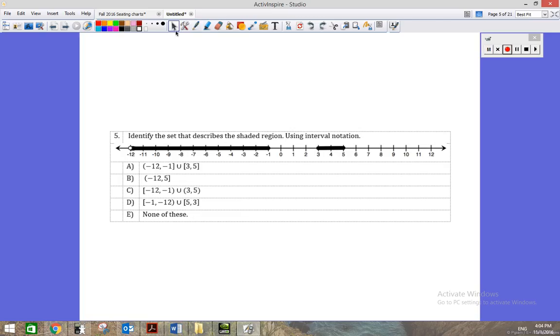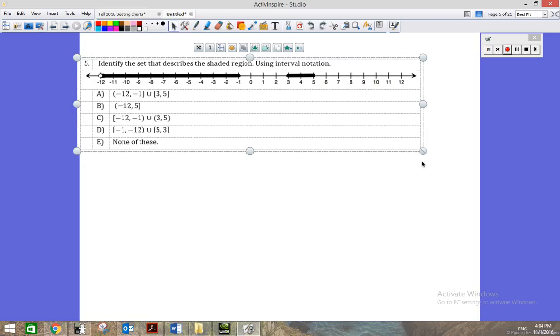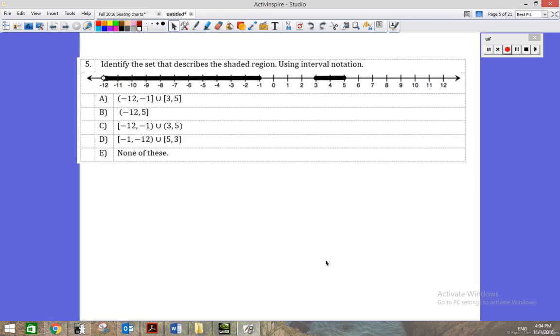Again, we're doing interval notation. So I have these two intervals. Now I need a union symbol because I have a break in the graph. Let's start on the left. I've got -12, and then I've got -1. At -12, I'm excluding it because it's hollow, so that's an open parenthesis.